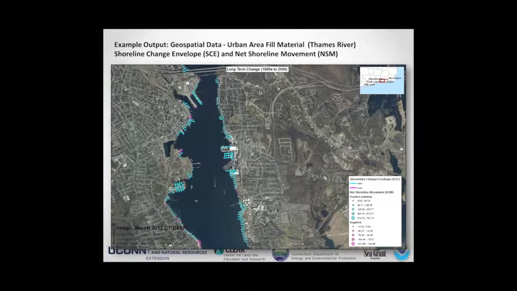And that plays into what Kevin was talking about with the net shoreline movement and the endpoint rates. We did not really use these urban areas to measure rates of change because it doesn't really apply to this type of environment. So that would probably be taken out of the data set that he's working from.